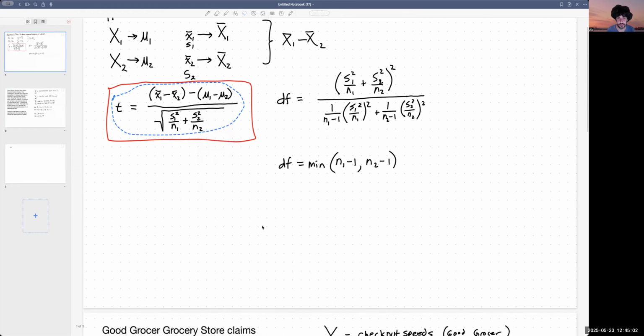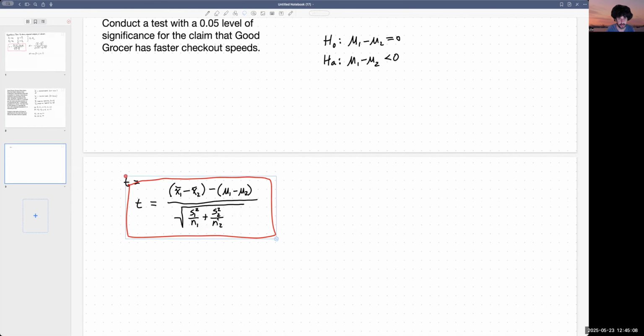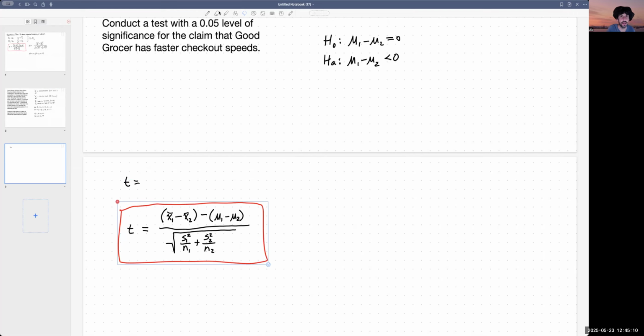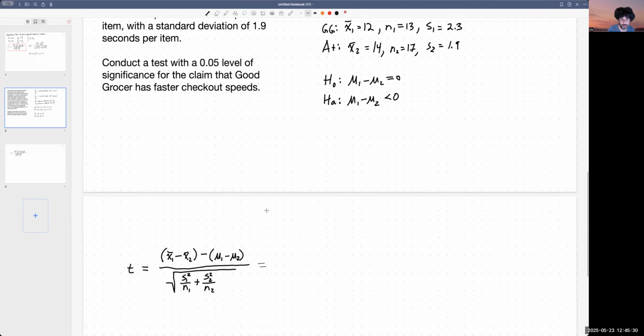And come down here. All right, there's our formula. So I'm just plugging the values into this equation. There they are, all listed right there.